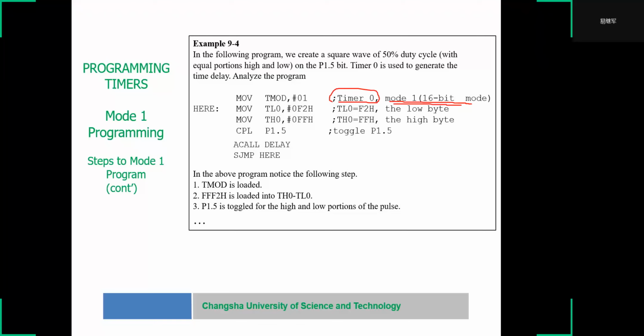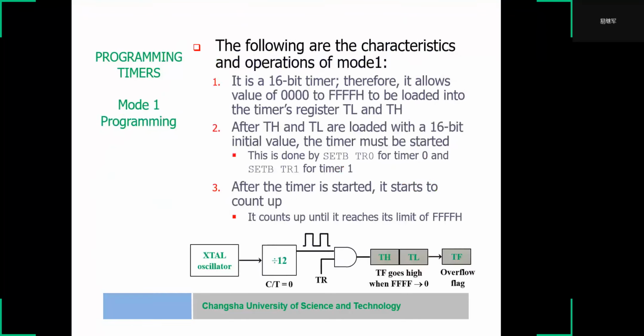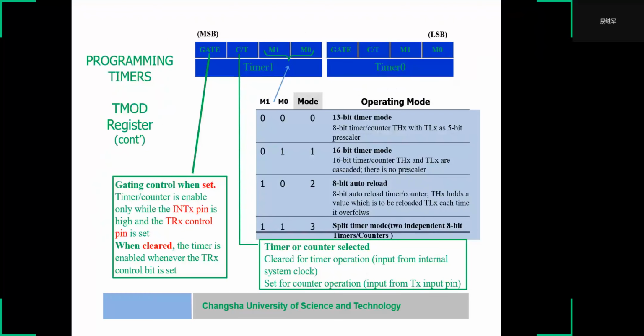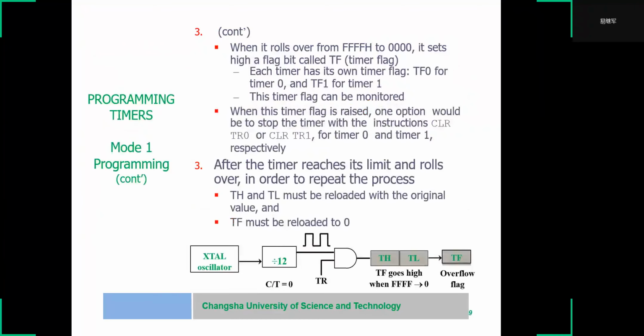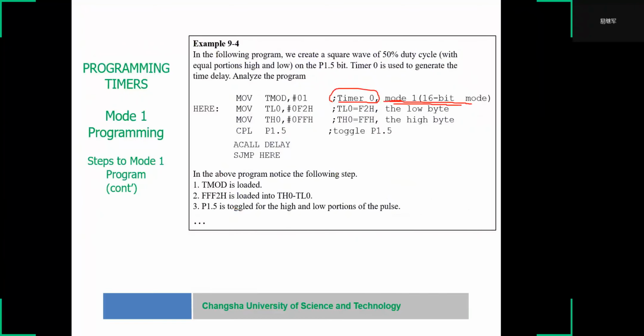If we want to use this timer as mode 1, we see timer 0 mode 1 here. You need to set M1 and M0 to 0, 1, so here is 0, 1, 0, 1.